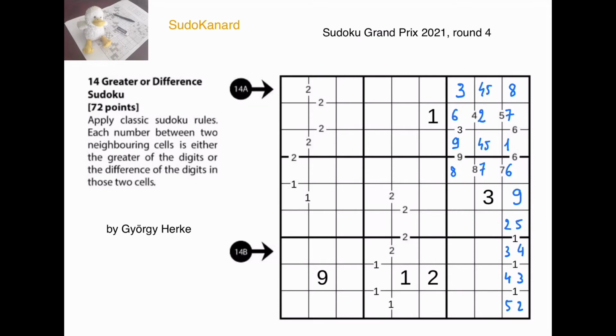We also need 1 and 4 somewhere here. Then what will we see? 9 here, 9 there. There has to be a 1 here or there.